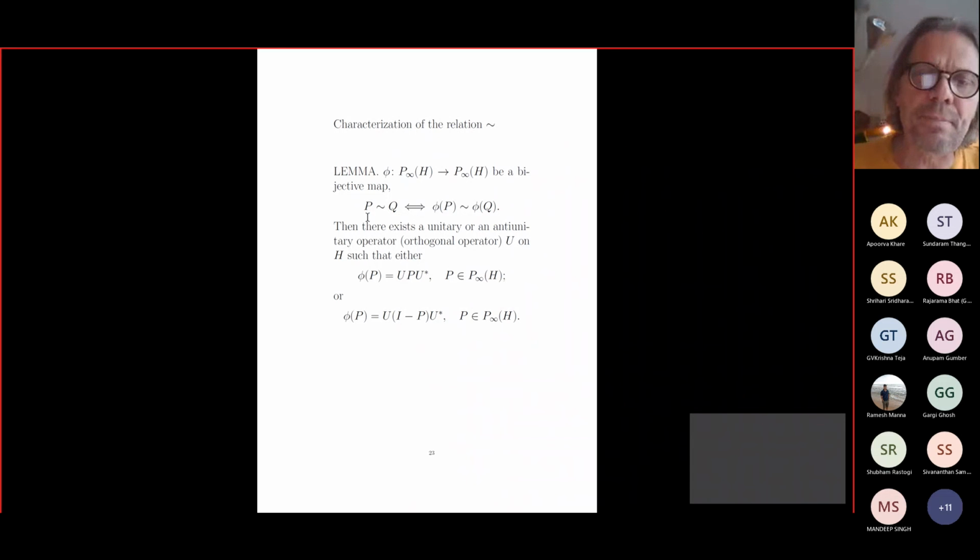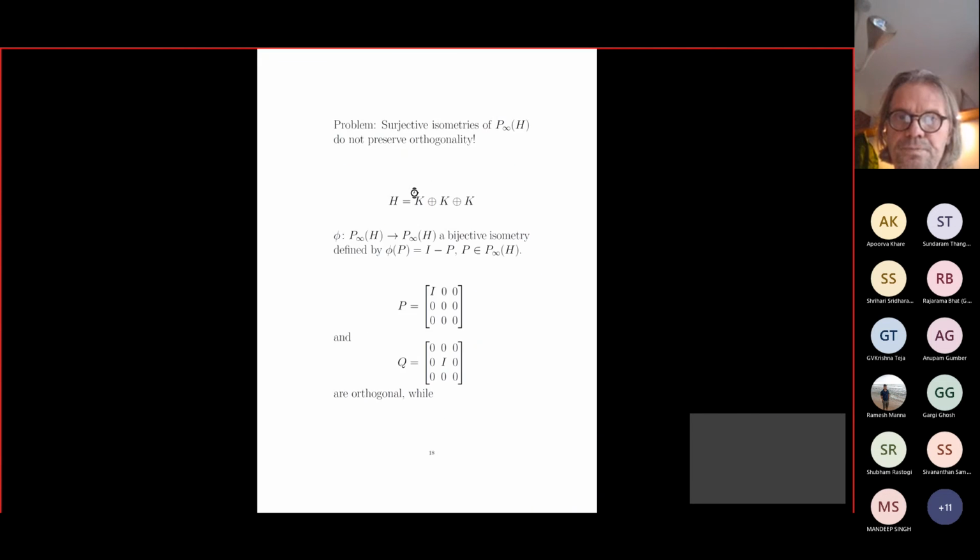So you have a map preserving orthogonality, and then again, bijective maps preserving orthogonality on these projections that are essentially infinite-dimensional. Such maps have been described by myself, maybe some 20 years ago, and this is a sketch of the proof of this theorem of Gleason and myself.